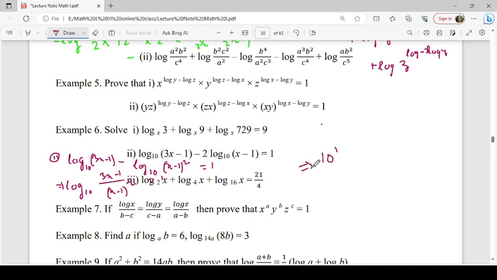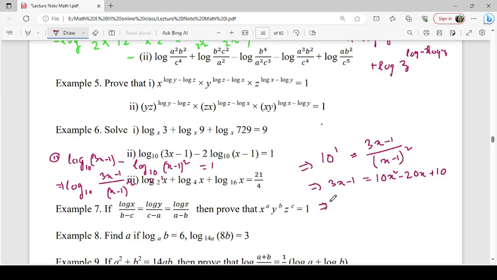This implies 10 to the power 1 is equal to (3x minus 1) by (x minus 1) whole square. Here (x minus 1) whole square is x square minus 2x plus 1, so multiplying by 10, it is 10x square minus 20x plus 10.